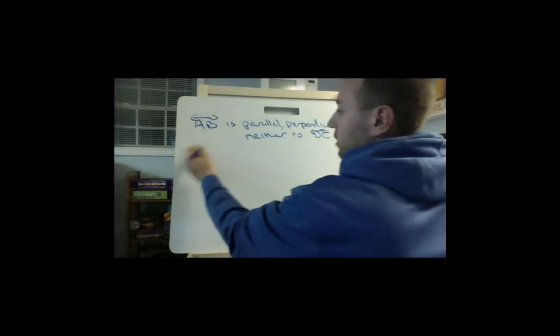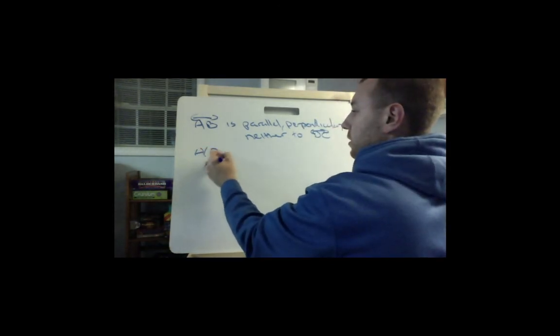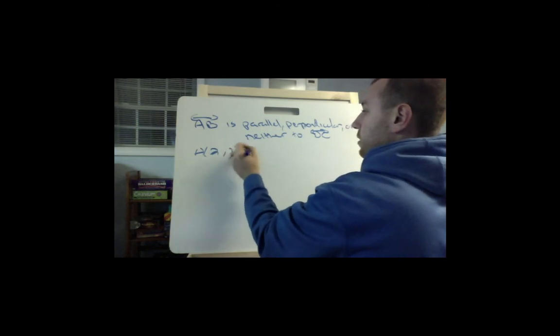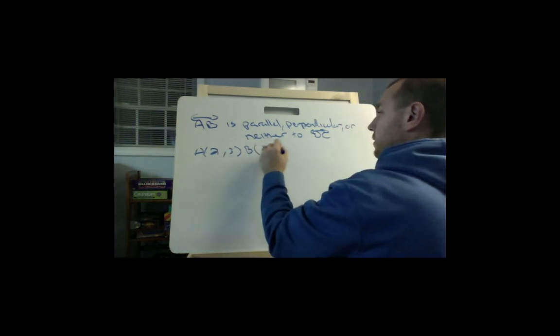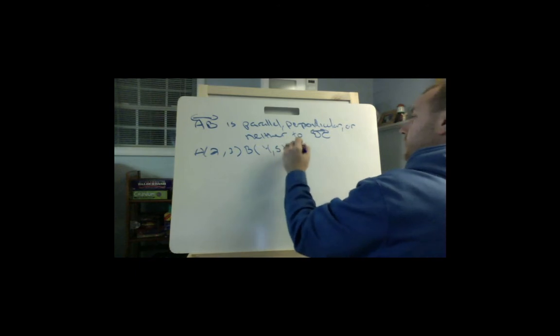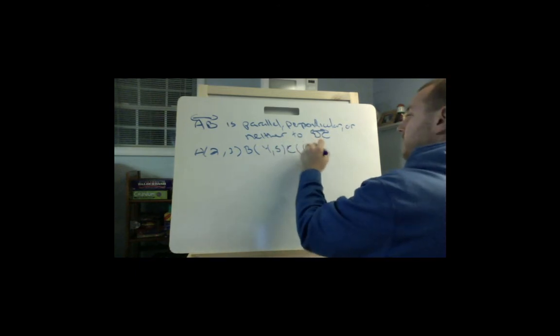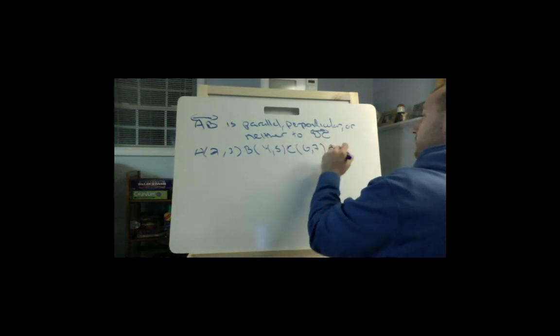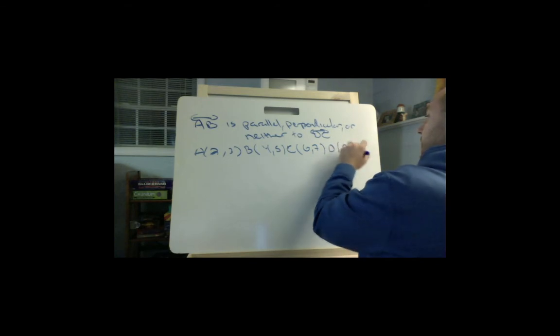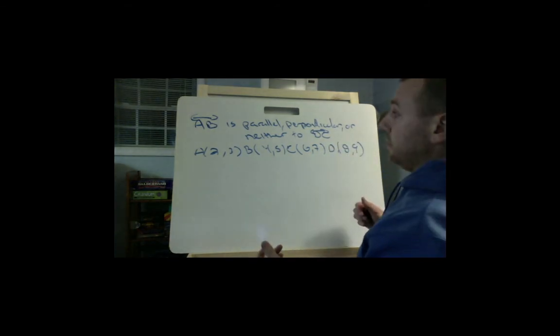So they would give you like 4 points: 2, 3, 4, 5, 6, 7, 8, 9. Okay, just as a quick example.